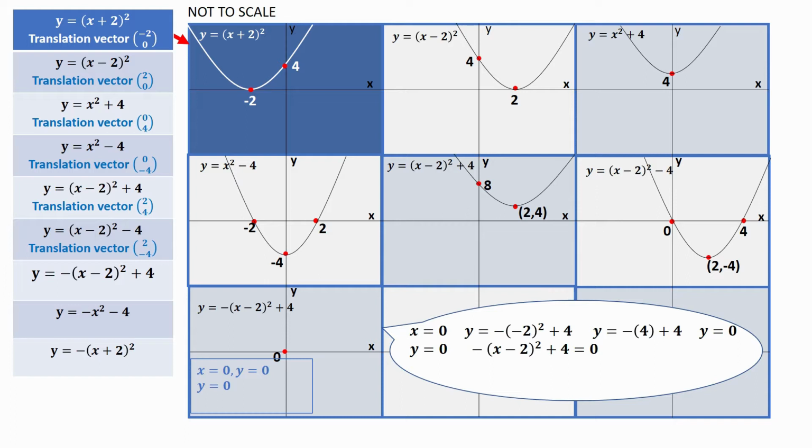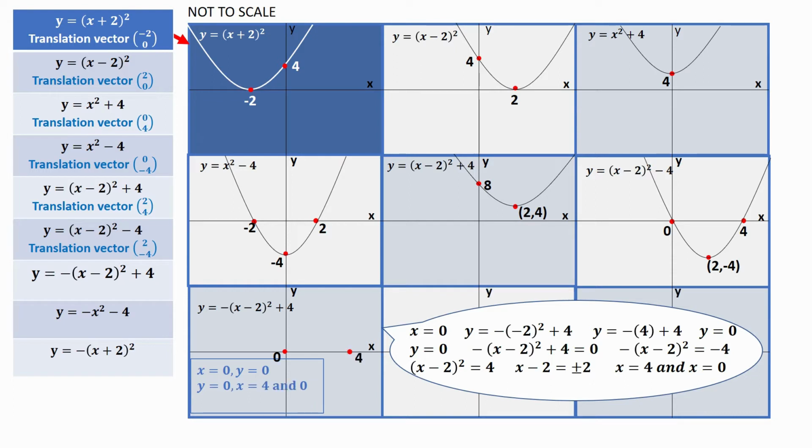Subtracting 4 from both sides, then multiplying both sides by negative 1, then finding the square root of both sides, and adding 2 to both sides gives x equal to 2 plus 2, which is 4, and x equals 2 minus 2, which is 0. Since (0, 0) is already plotted, we only need to plot (4, 0).